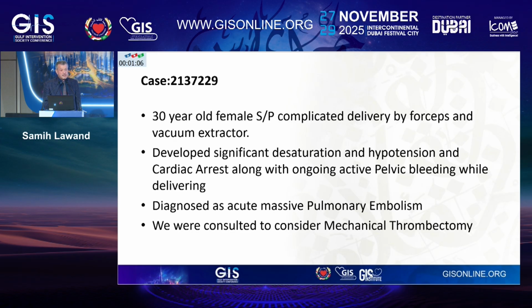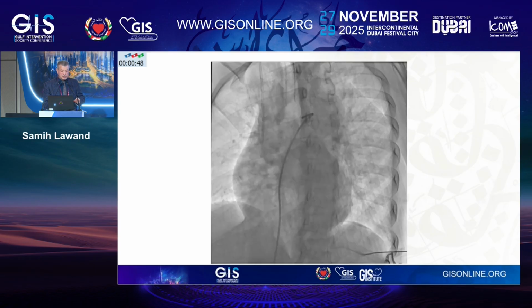My second case is a 30-year-old female, complicated delivery by forceps and vacuum extractor, with significant desaturation, hypotension, cardiac arrest, and pelvic bleeding. So you can tell the combination of ongoing pelvic bleeding and pulmonary embolism, diagnosed and consulted.